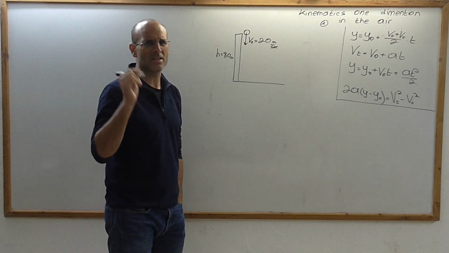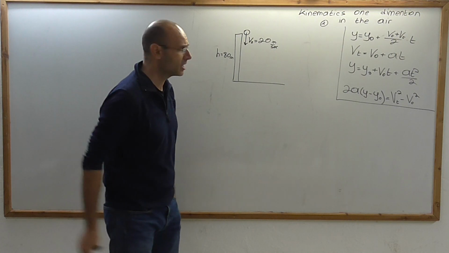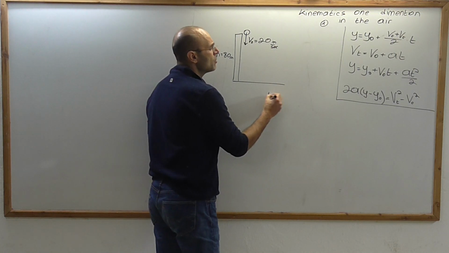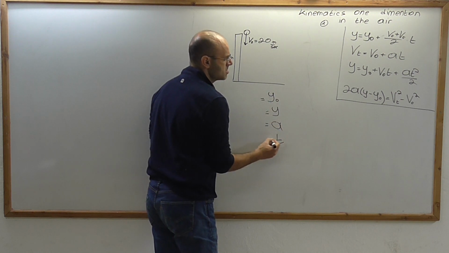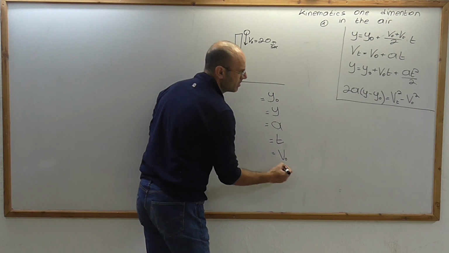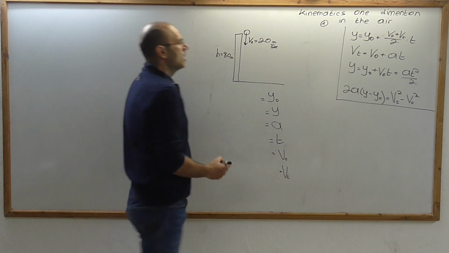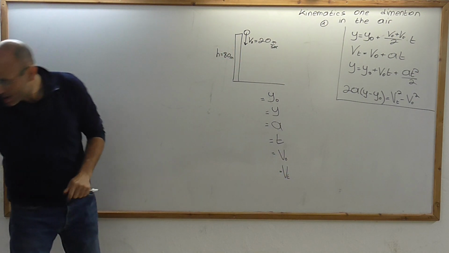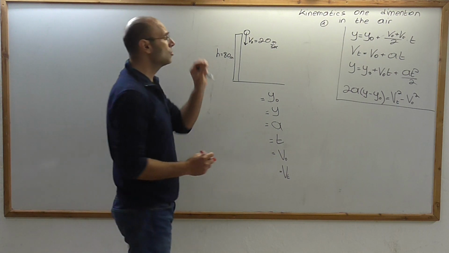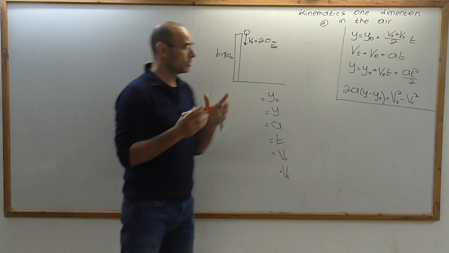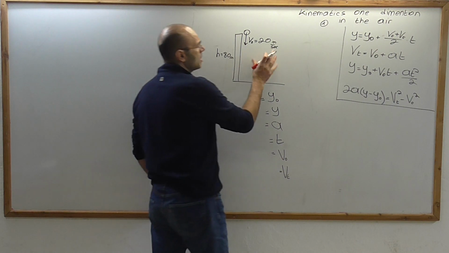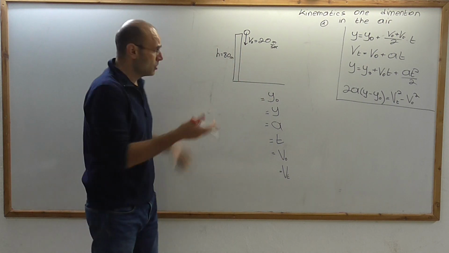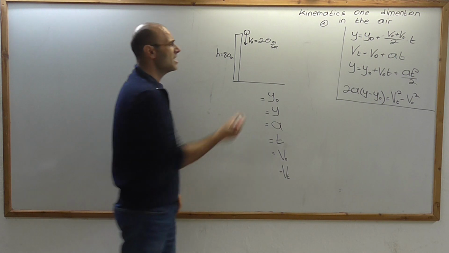So what do we do? Exactly the same as we did when we learned kinematics earlier. We write our 6 variables. But in this case, don't forget, it's very important to choose the positive direction.